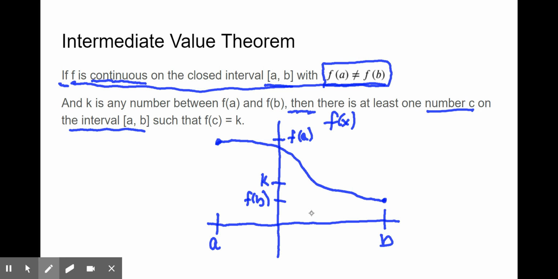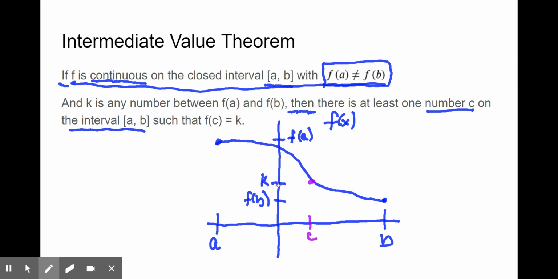Well, that means that if I pick c and put it in the right spot, the value of f of c will equal k, right? If I take c and plug it into f, what do I get? I get this point on the graph, which is k. All right? That is the intermediate value theorem.